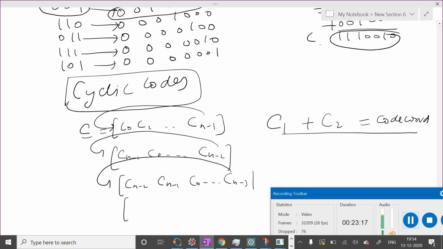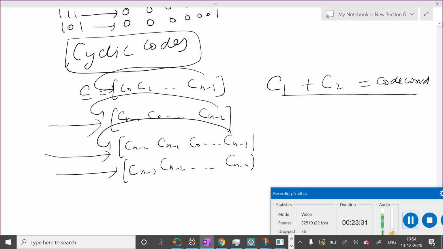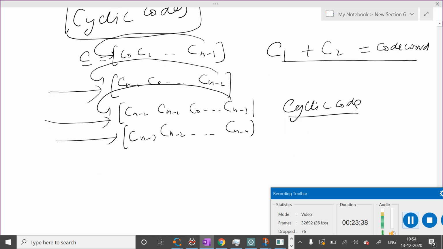I shift again cyclically, I get Cn minus 3 Cn minus 2 Cn minus 4. The question is, are all these cyclically shifted versions of the original code also code words? If they are also code words, then that code is called a cyclic code. Okay, and the properties of cyclic codes are best demonstrated by using the concept of polynomials, code polynomials, which makes the analysis very easy, and we easily get the hardware realization also, that we will see in the next lesson.